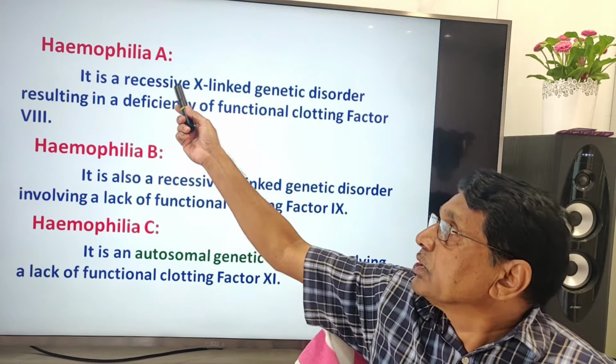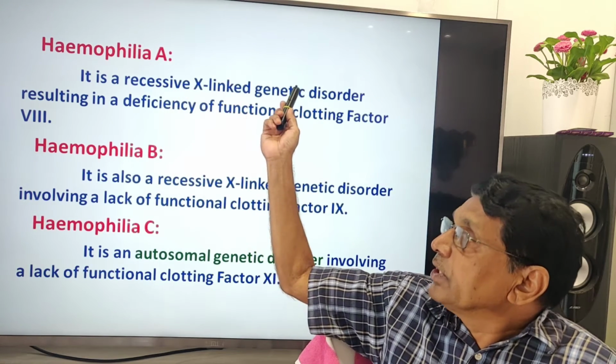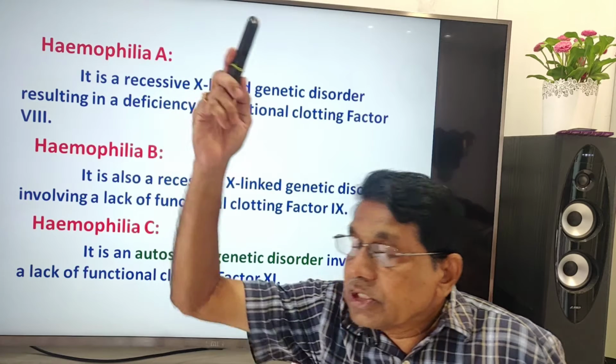This point is important: recessive sex-linked genetic disorder, factor VIII.